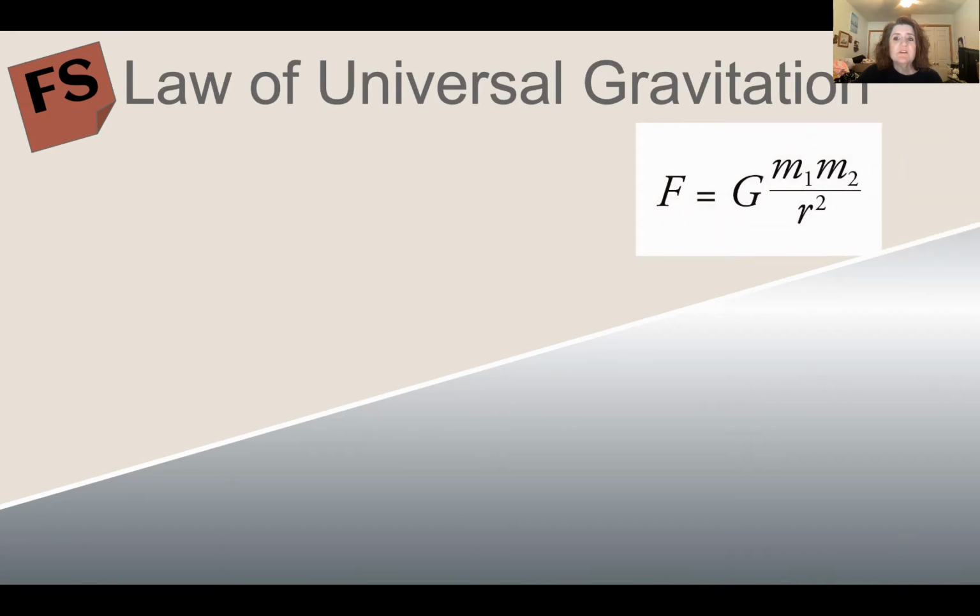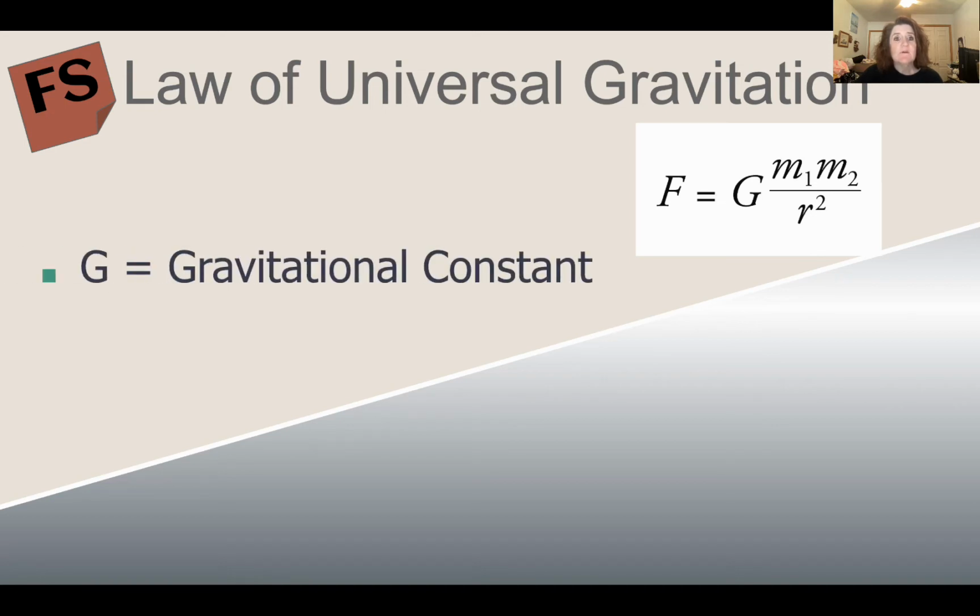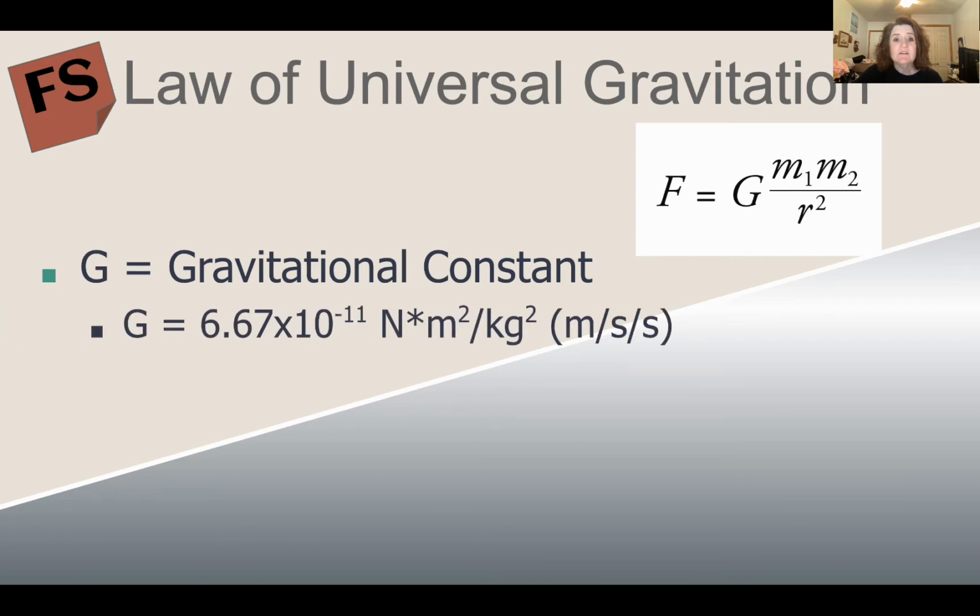On your formula sheet, you're going to want the equation for Newton's law of universal gravitation. It is F is equal to big G m1 m2 over r squared, where big G is the gravitational constant. It is the number 6.67 times 10 to the negative 11 Newton meters squared over kilograms squared.